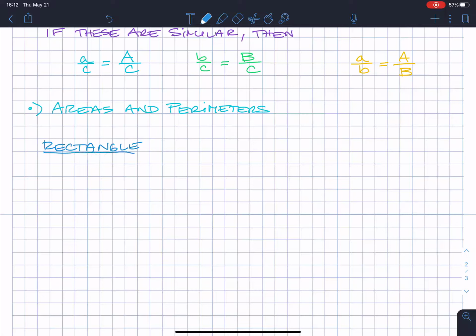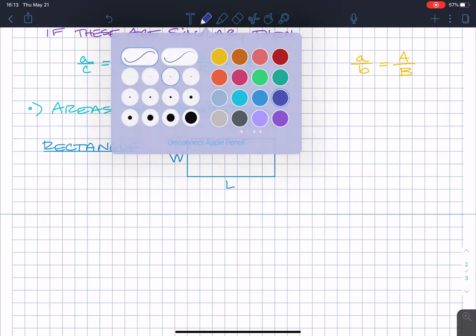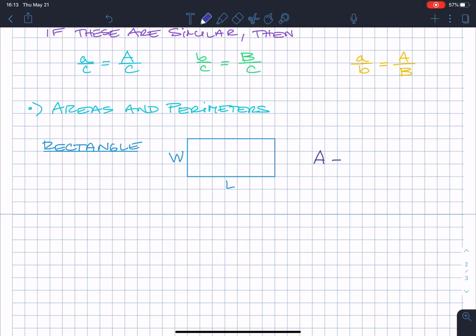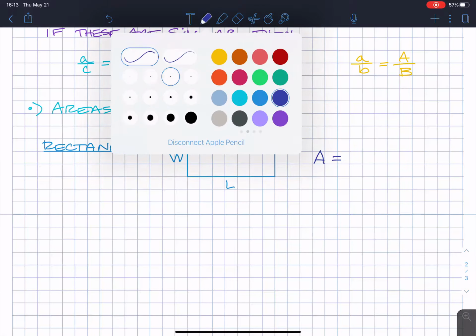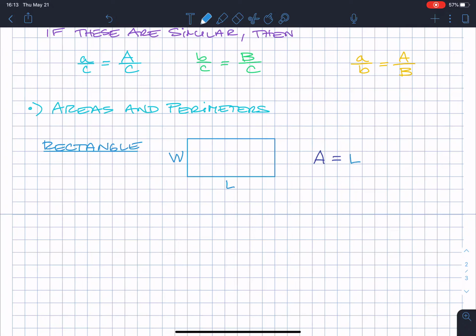So let's have a rectangle. Let's go ahead and draw a rectangle with a length and a width. So this is the length and this is the width, not that it matters. Okay, so the area of this rectangle is going to be base times height, or length times width.